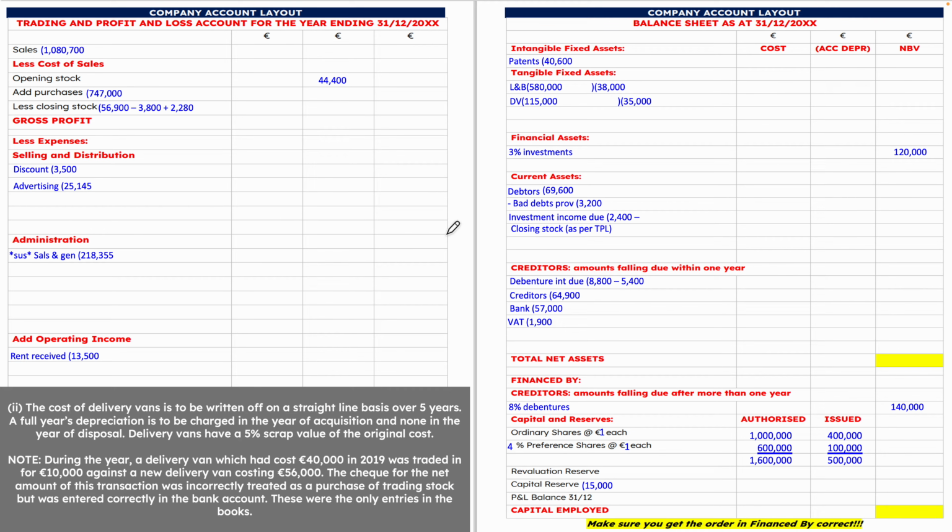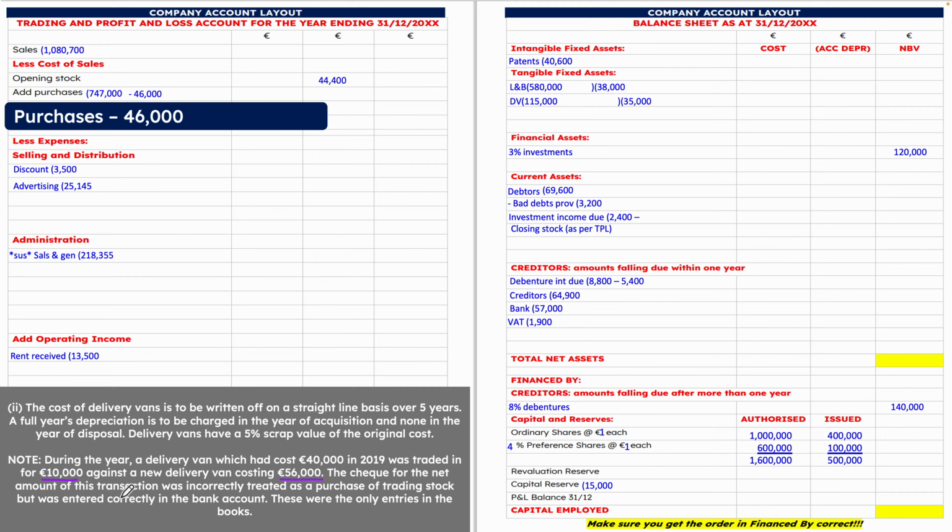Okay, so look, we'll fix purchases first, by taking away what they accidentally put in as purchases. There was an allowance of 10,000 given on the new van, which cost 56. So the cheque would have been worth 46.